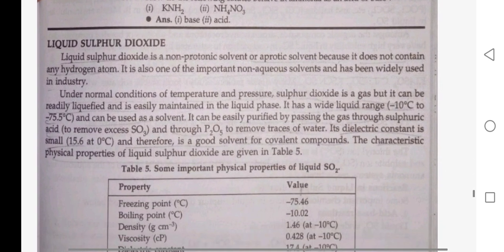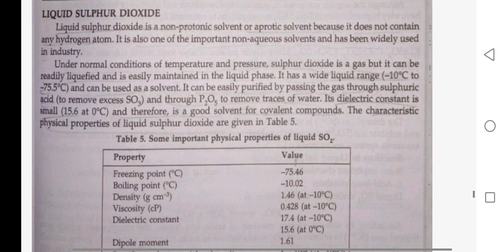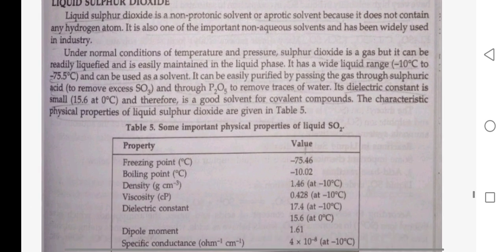Liquid sulfur dioxide. Liquid sulfur dioxide is an aprotic solvent because it does not contain any hydrogen atom. It is also one of the important non-aqueous solvents and has been widely used in industry. Under normal conditions of temperature and pressure, sulfur dioxide is a gas, but it can be readily liquefied and is easily maintained in the liquid phase.